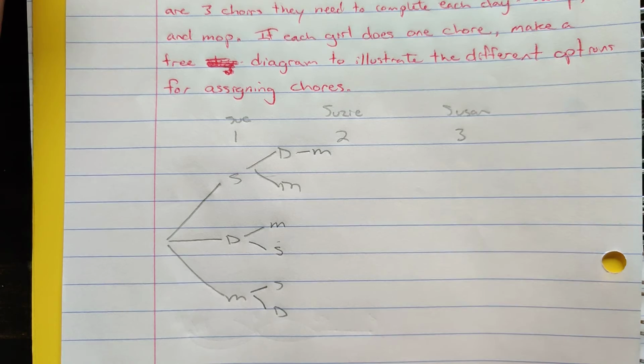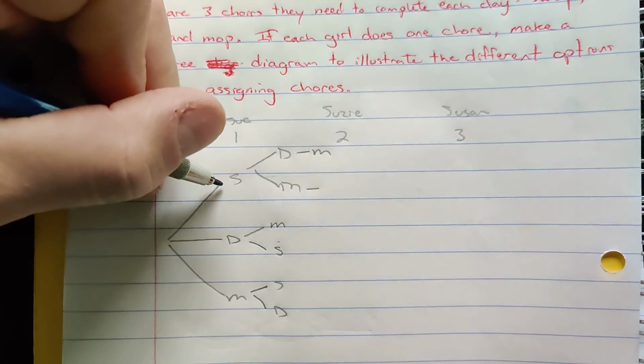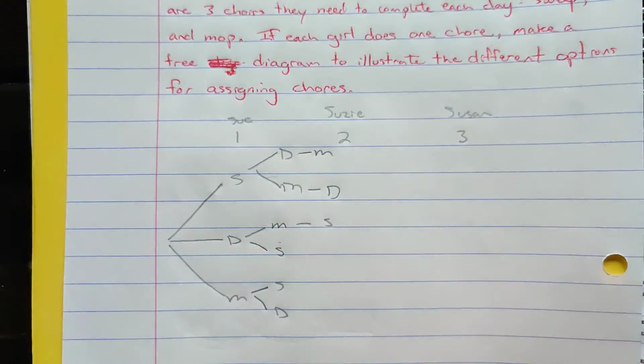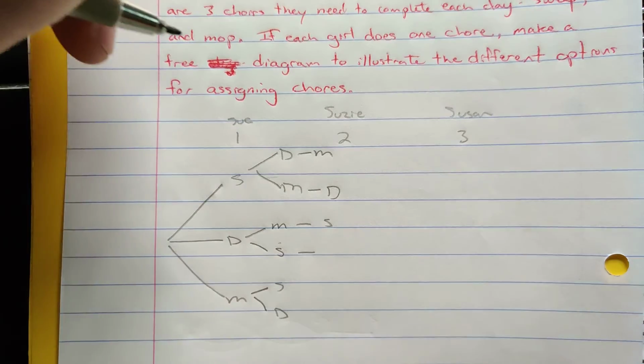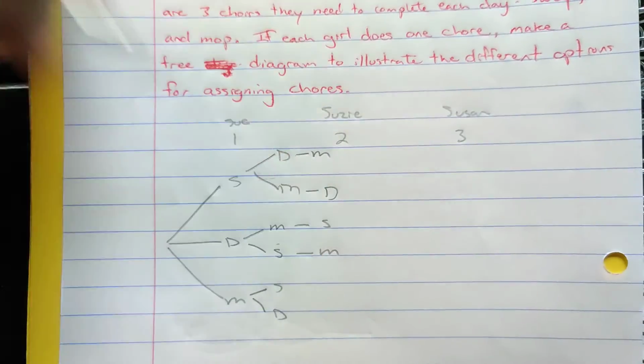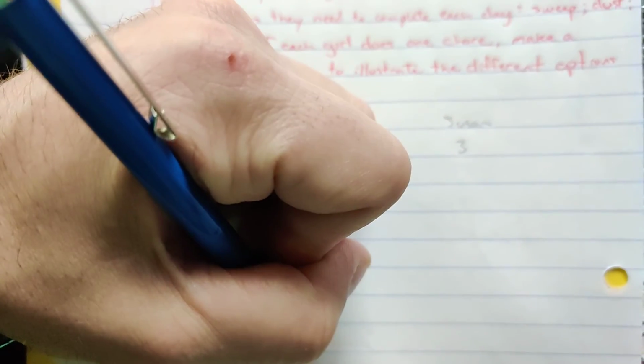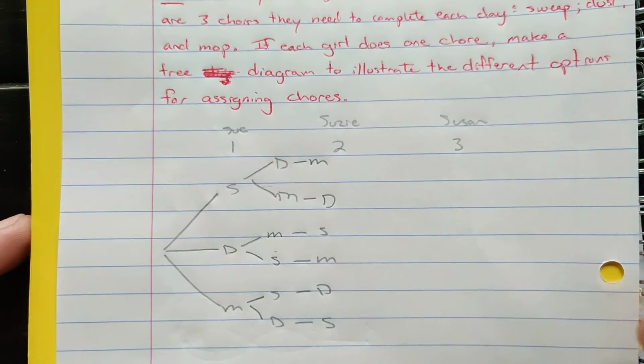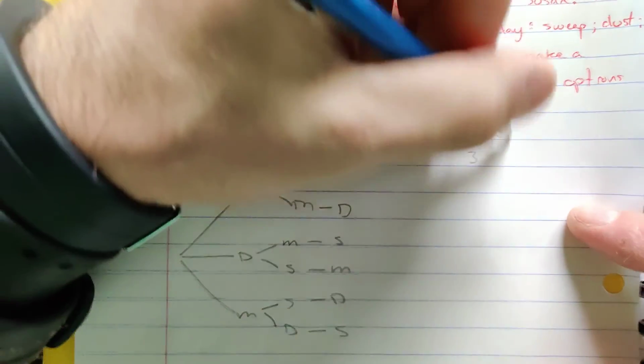So there's the second level where Susie is, and now Susan's choices become simple. She only gets one choice. In this case, the only thing left is mopping. In this case, the only thing left is dusting. In this case, the only thing left is sweeping. In this case, the only thing left is to mop. In this case, the thing left is dust. And in this case, the thing left is sweep. So there is a tree.